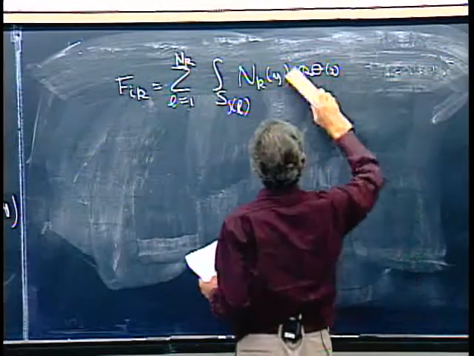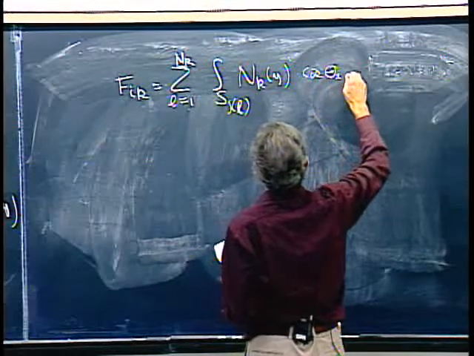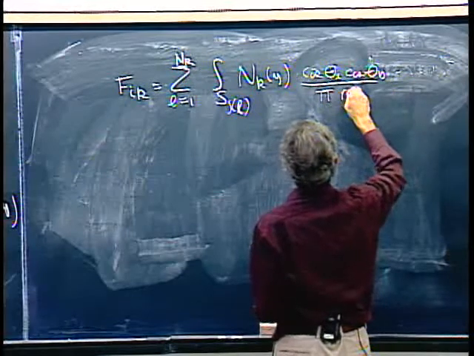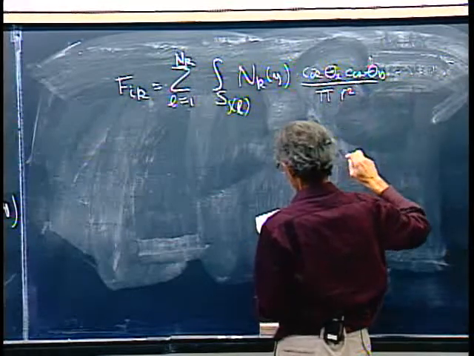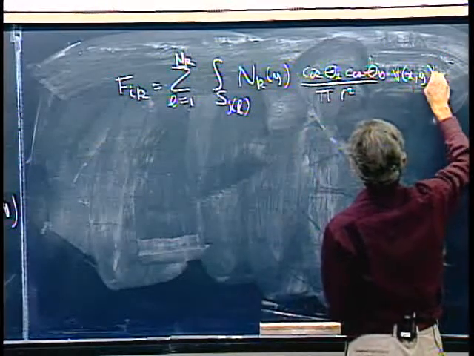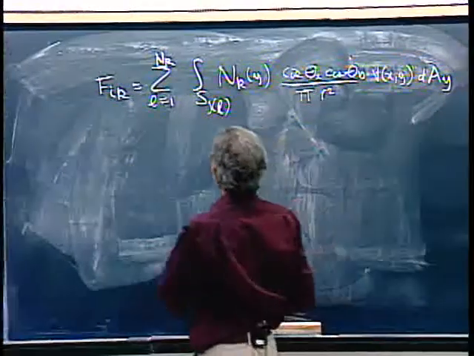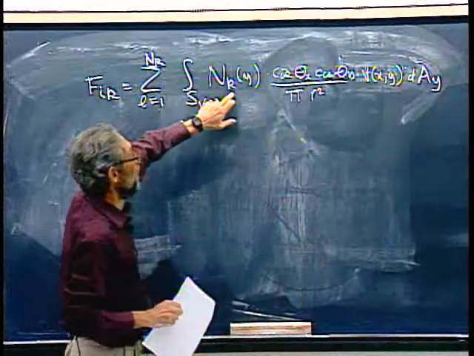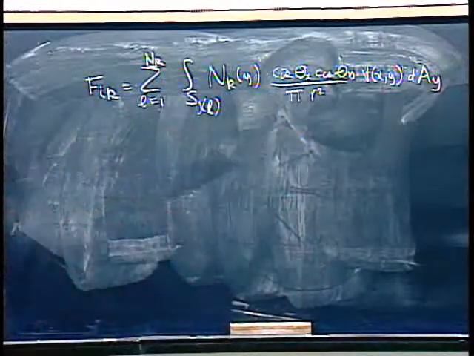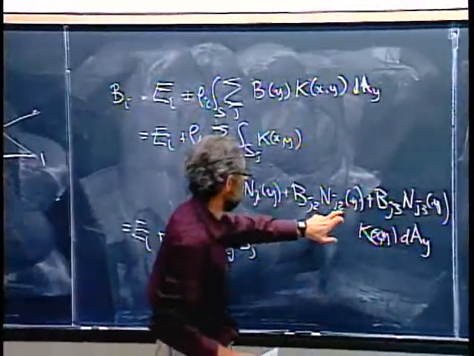Sorry, I wrote this wrong, I'm writing the geometric factor now. Times the visibility of x, y, dA_y, where A_y is integrated over each of the triangles sharing vertex k. Right? Because this is my kernel.